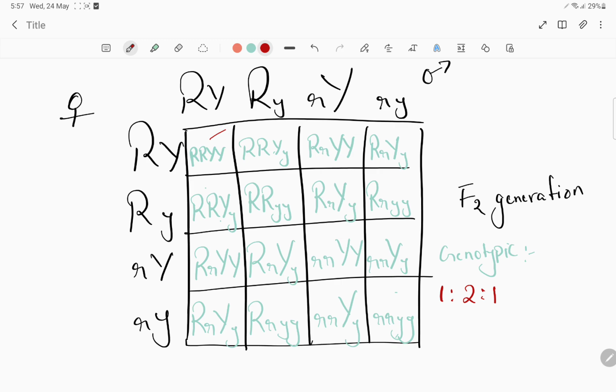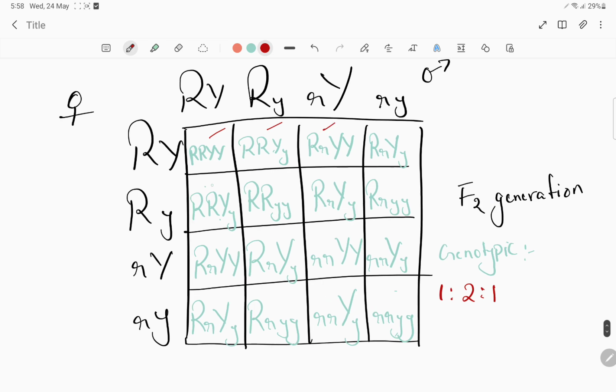We have checked this as well as this. Each color we take separately, so for your clarity I'll change the colors.